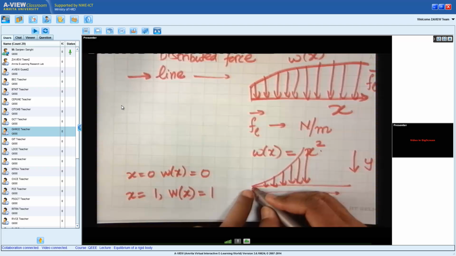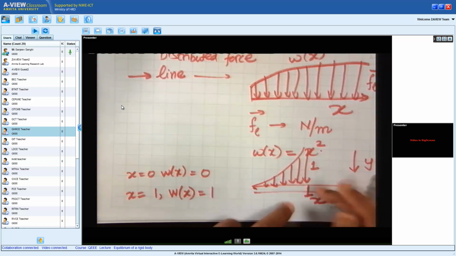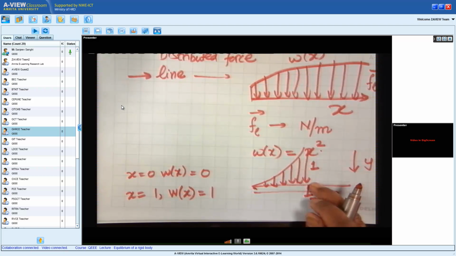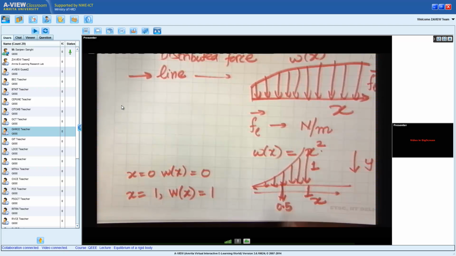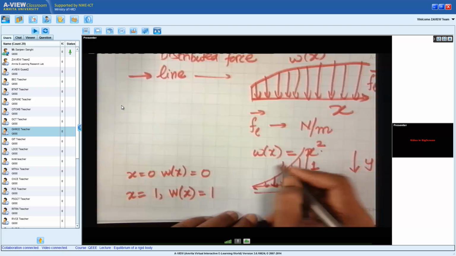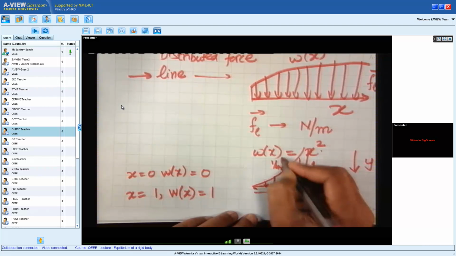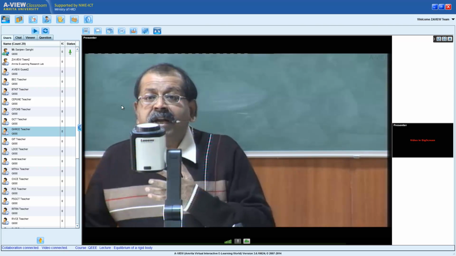So the force is 0 newtons per meter at the origin, and at x is equal to 1, this becomes equal to 1 newton per meter. And if I want to find the intensity of this force at x is equal to 0.5, then this will be equal to 0.5 square, so that will be equal to 1/4 newton per meter. So W of x gives me the distribution of this force along the length of the element.